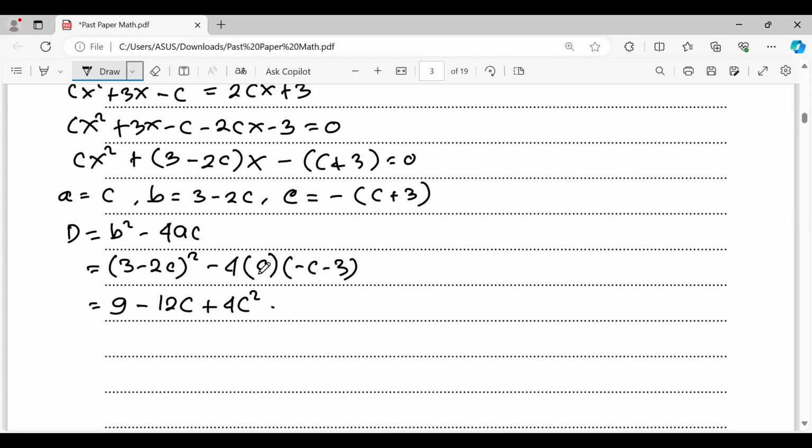Then minus times minus, plus 4c squared plus 12c, because 4 times c times 3. Cancel this one. It's going to be 8c squared plus 9.